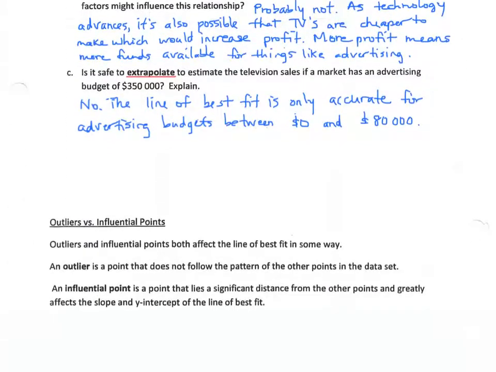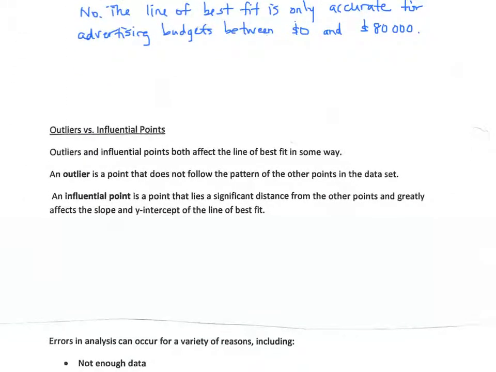Okay, moving on. Outliers we have talked about previously. So an outlier is a point that does not follow the pattern of the other points in the data set. So we talked about how if we have a scatter plot, and within that scatter plot we have various data points.